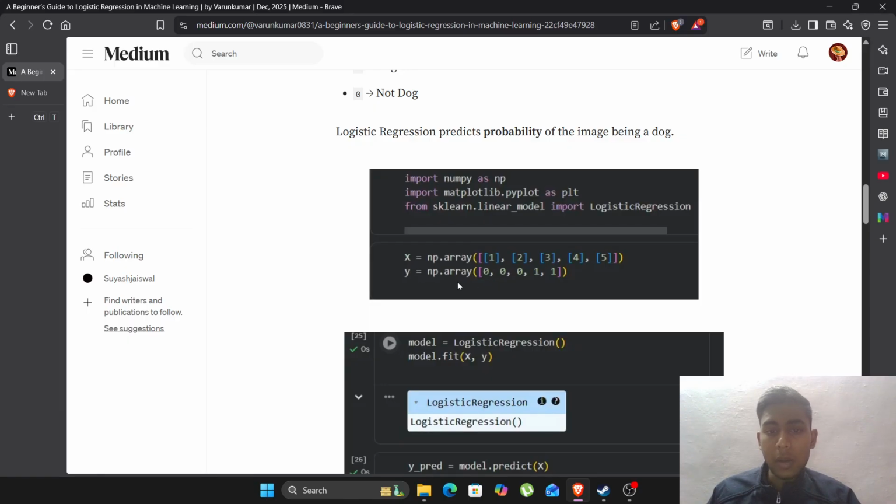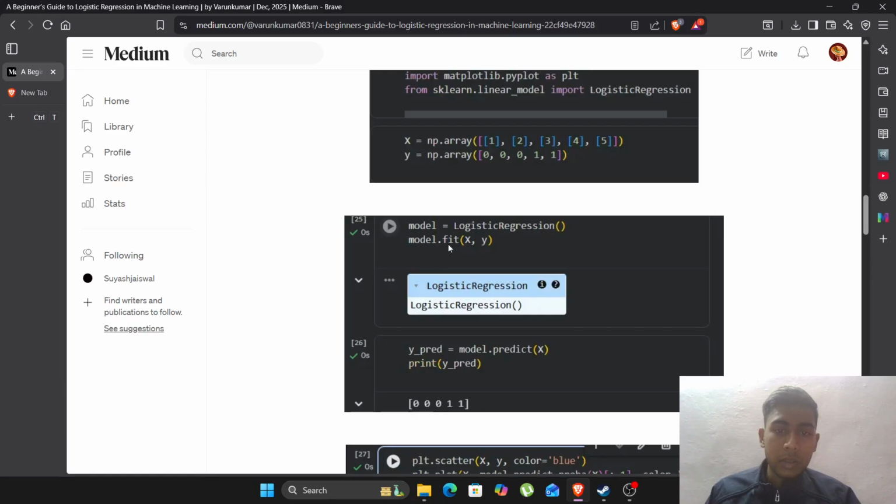variable and output label. In model equals LogisticRegression, we are creating the logistic regression model, and model.fit(x, y) means we have trained the model, and here the output is given from running the code.